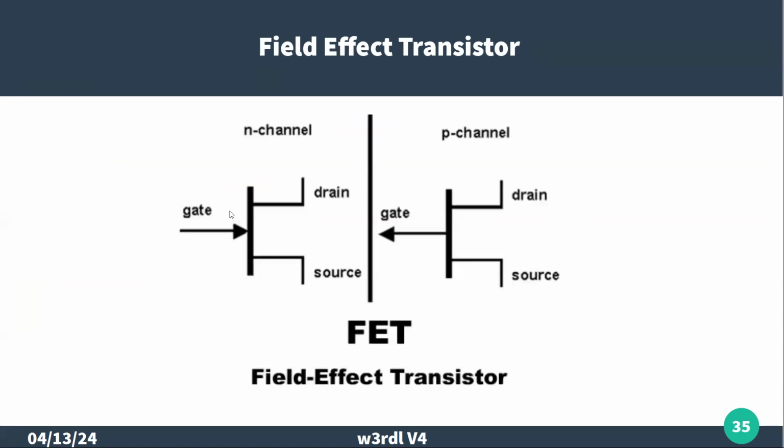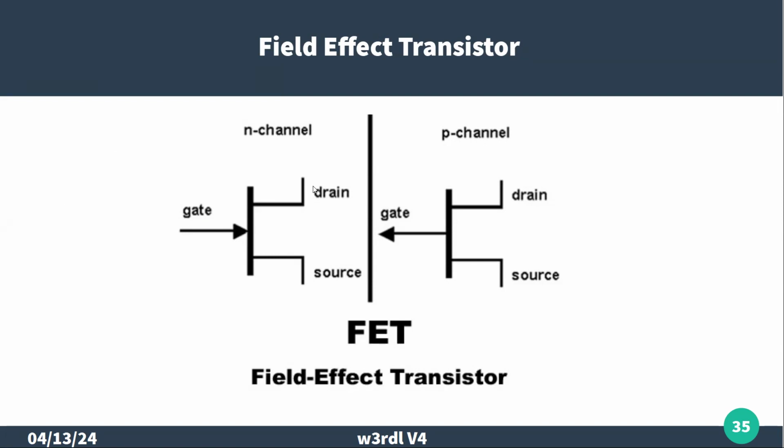The symbols that we use, in this case, it's a junction field effect. We have the gate and a drain and a source. And you notice these look fairly symmetrical. Actually, they are. In the case of this field effect transistor, we can reverse the drain and the source.